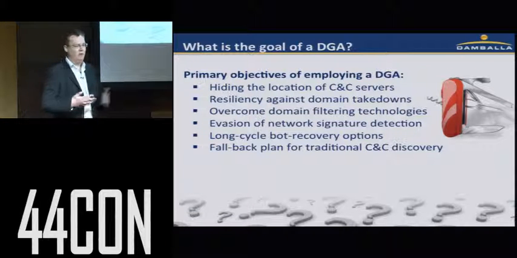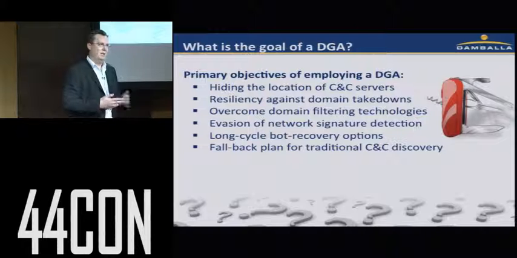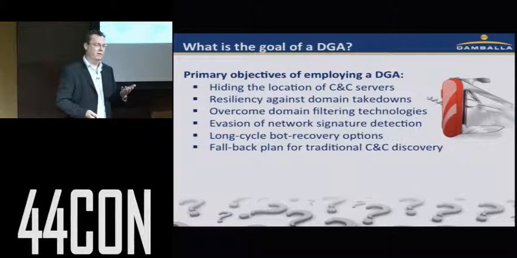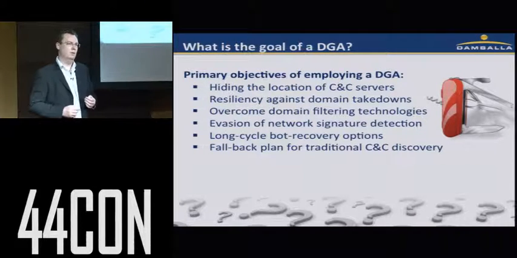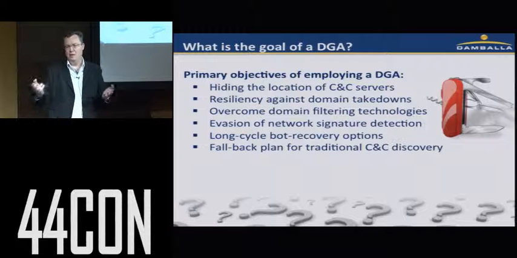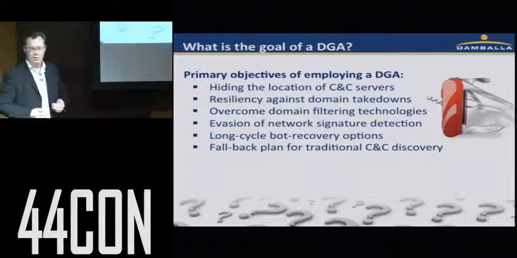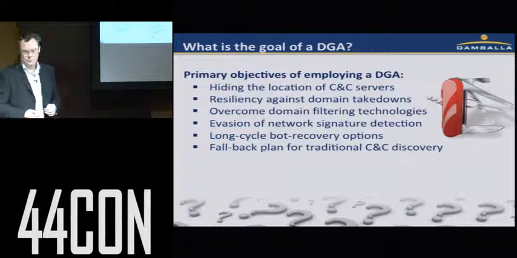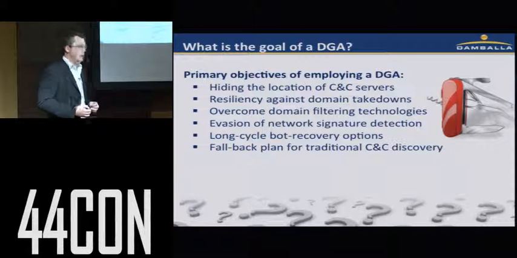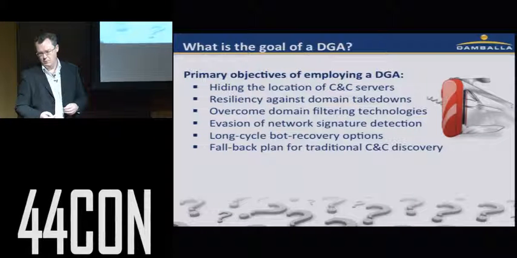If you're operating a filtering technology, you'd want to add the entire list of all the possible DNS candidates into your filter, and you'd have a blacklist of about 50,000 for one piece of malware. Okay. But today there are many, many strains of this malware out there that have their own DGAs and their own algorithms. It's also a way of avoiding signature-based detection systems.